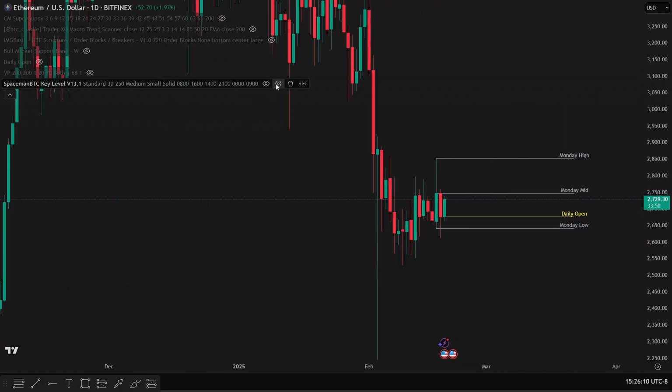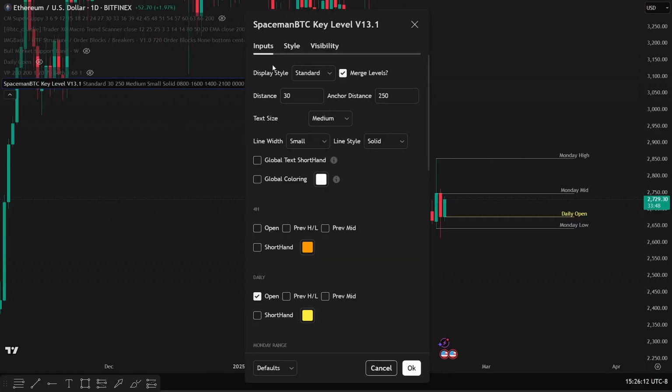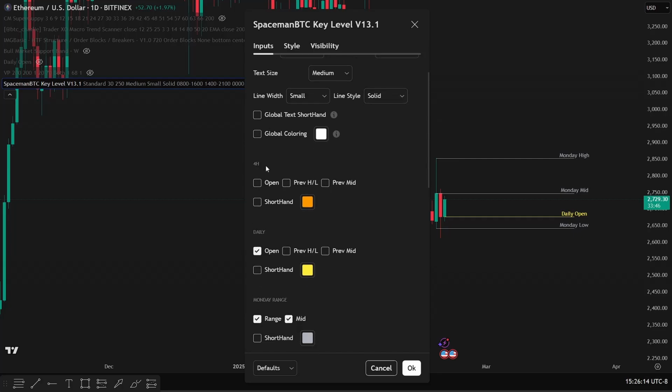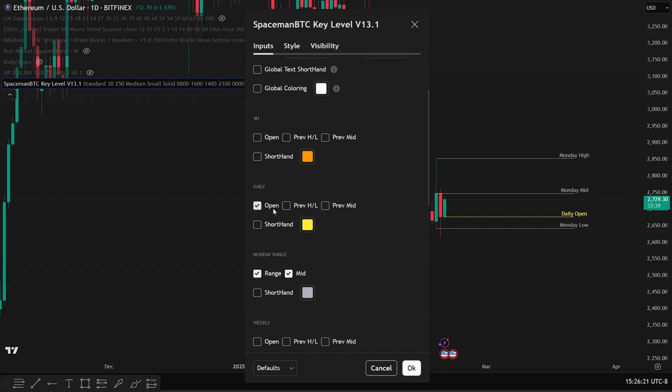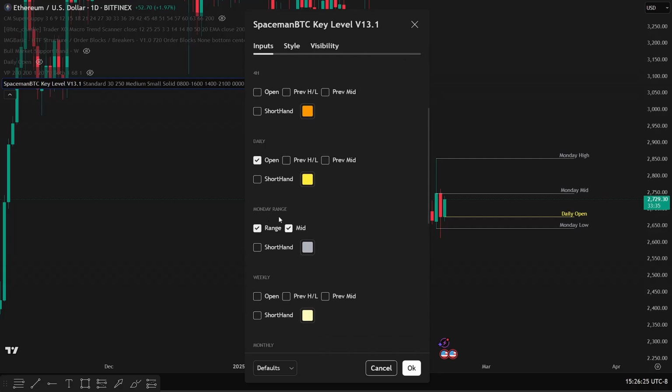And you can go into the settings and it shows all the inputs. You can show the 4-hour open, mid, previous high and low on the 4-hour, on the daily, it's got Monday's range, it's got the range showing the midpoint, it's got the weekly open, the previous weekly high and low.